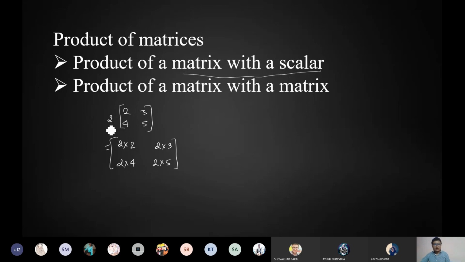This 2 is not a matrix, it is a scalar. You may call this number a scalar, or simply a constant.